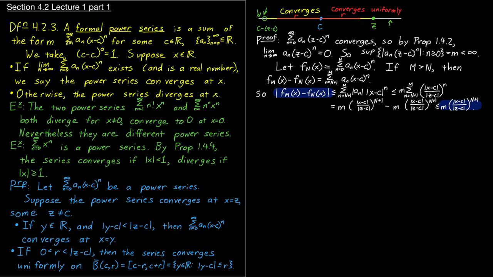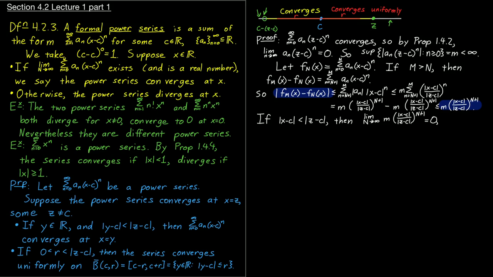So let's notice that if the absolute value of x minus c is less than the absolute value of z minus c, then the limit as big N goes to infinity of our difference is 0. And so that means for every epsilon, if n is big enough, this is less than epsilon.